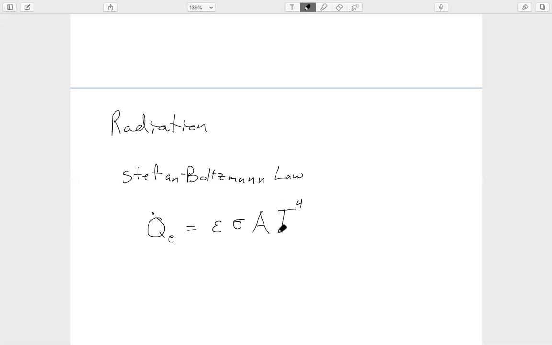times the temperature to the fourth. And that's very famous, temperature to the fourth, for the Stefan-Boltzmann law. So how do you think about this? Well, think about if something's really hot, it radiates more heat.